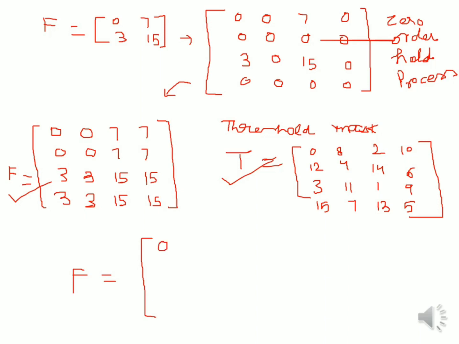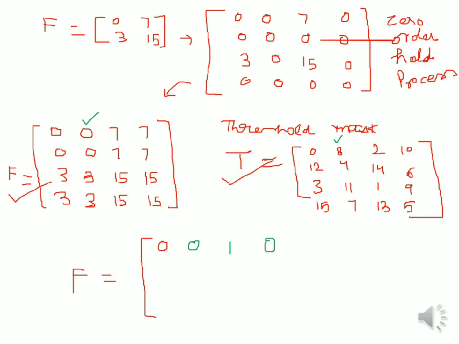Compare the second pixel value with the second one. This is 0 while its value is greater than 0. So what you are getting at the output? 0. If you compare the third with the third one, pixel intensity is higher than the threshold matrix, so the output will be 1. While in the fourth case, this value is less than this value, so the output is 0.